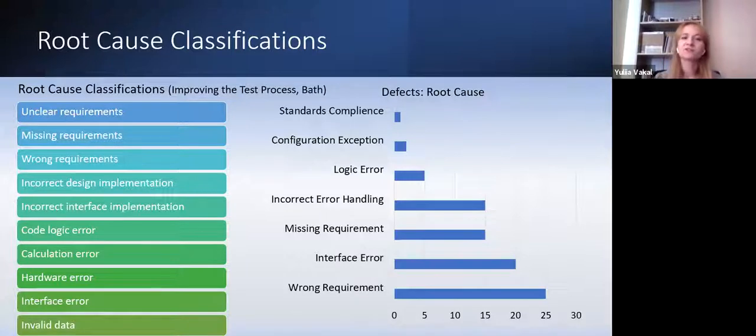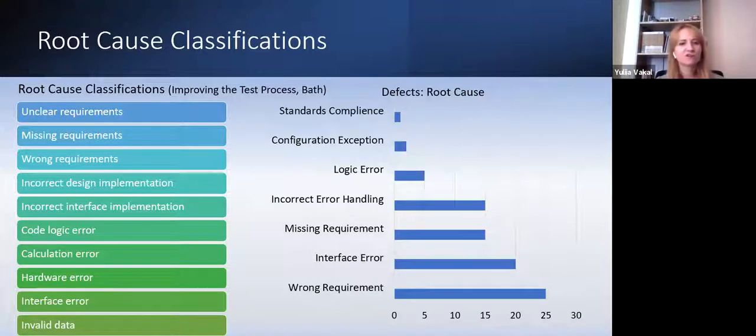You see wrong requirements, and we know that problems with requirements are the most frequent problem, and they could lead to big problems later on. If not fixed at an early stage, it could lead to wasting time, money, and resources later on.